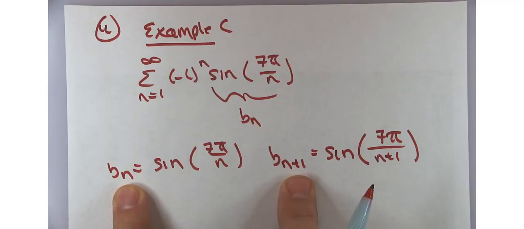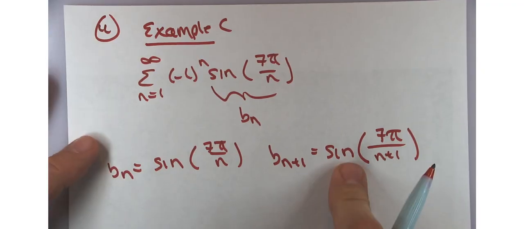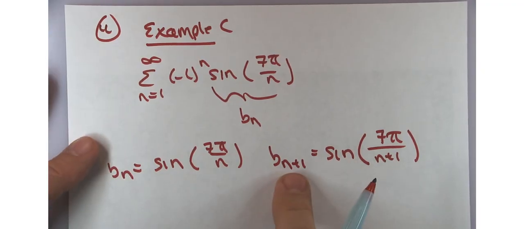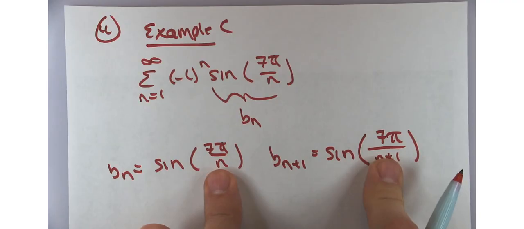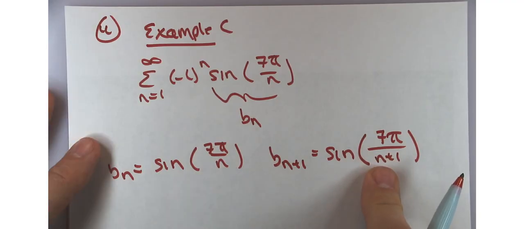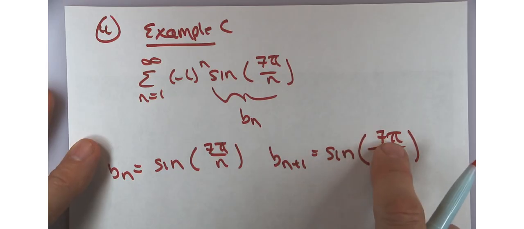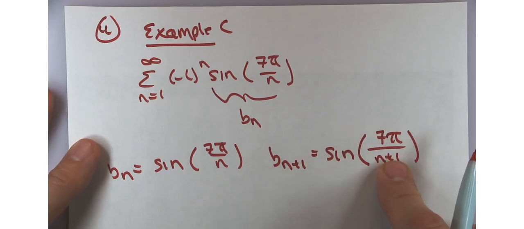Now, how do these things compare to each other? Well, after n equal 8, when these terms start getting bigger than the coefficient in the numerator, the sine function is going to start decreasing.